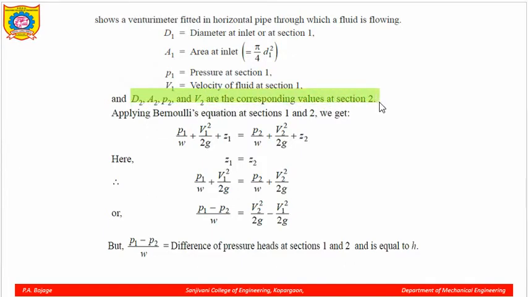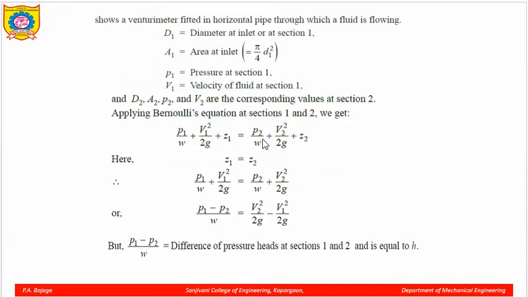Now, applying Bernoulli's equation at section 1 and 2, we get P1 upon W plus V1 square upon twice G plus Z1 is equal to P2 upon W plus V2 square upon twice G plus Z2.